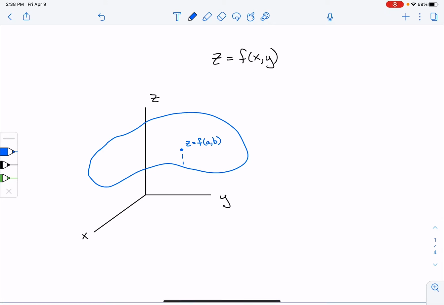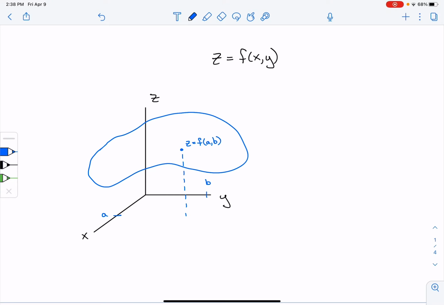So I can drop a vertical line down to the xy plane, and then that point in the xy plane is where x equals A and y equals B.